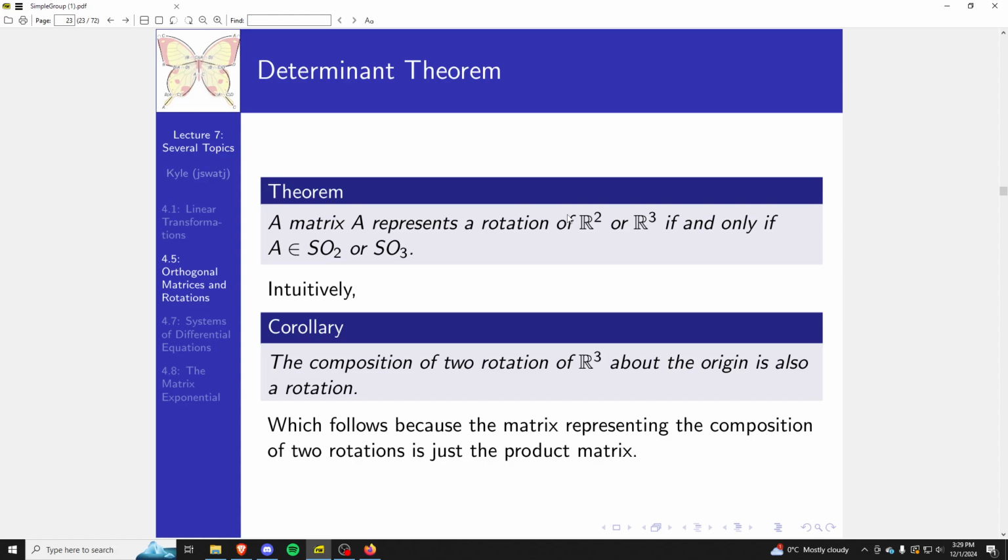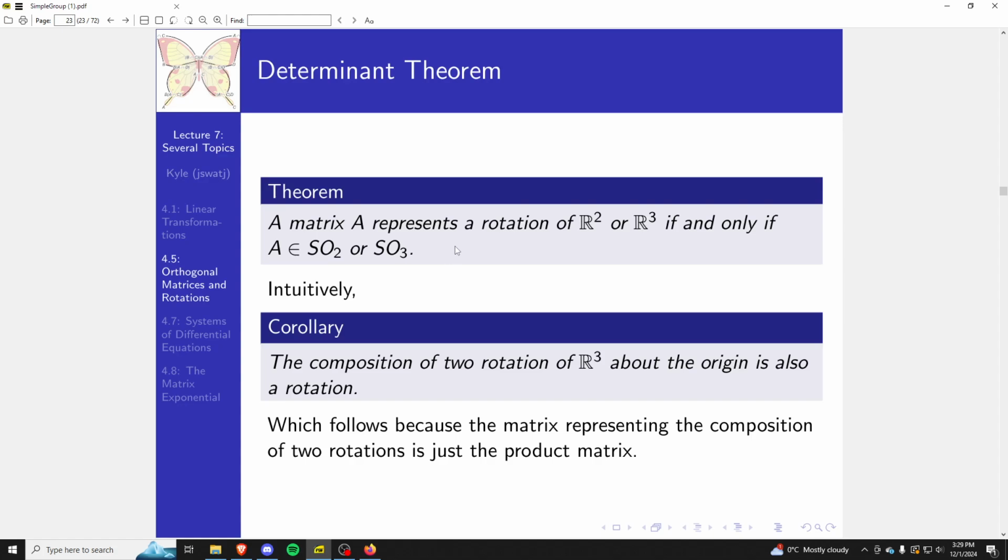A matrix A represents a rotation of R squared or R cubed if and only if it's part of the special orthogonal group SO(2) or SO(3).